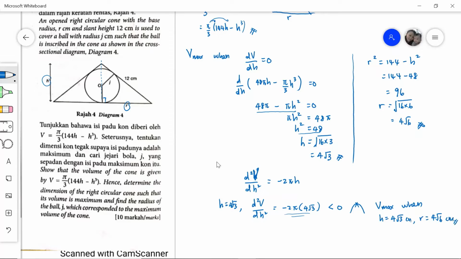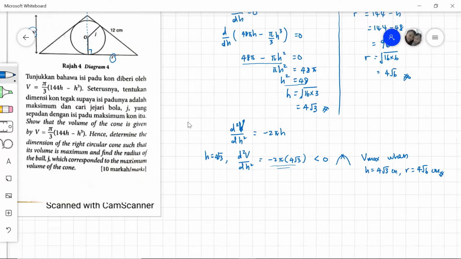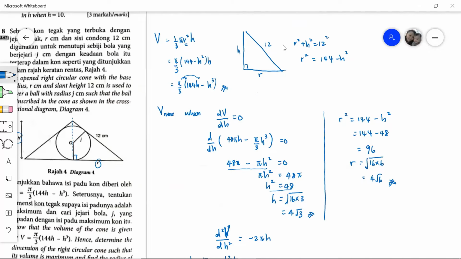Now, the next part is to find the value of j, the radius of the ball. How do we do this? Again, we can use this right-angled triangle. We know that this is j. If I divide this part into two equal parts, the angle here, let's call it alpha, they are the same.